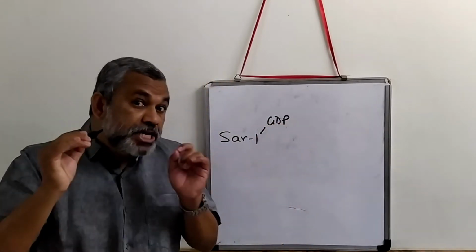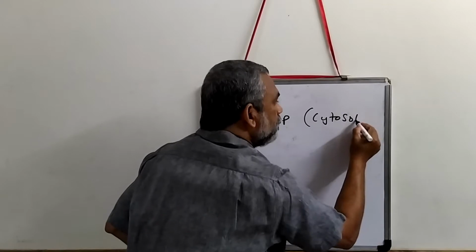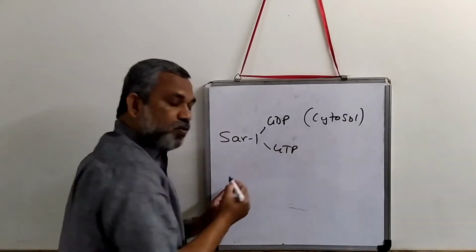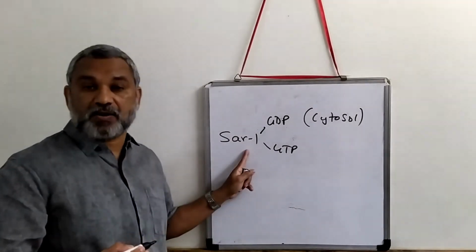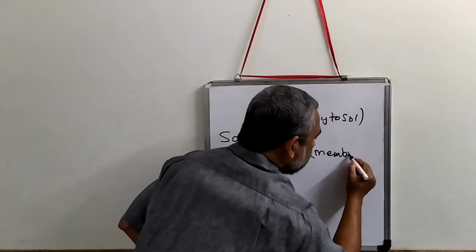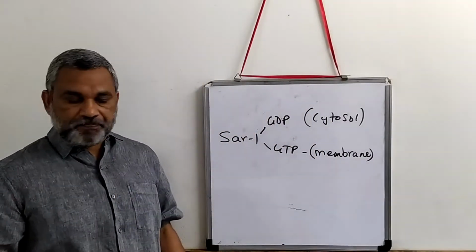If it is binding to GDP, it will remain in the cytosol. If it is binding to a GTP molecule, GTP bound SAR1 is membrane bound. So this is one point that we need to remember.